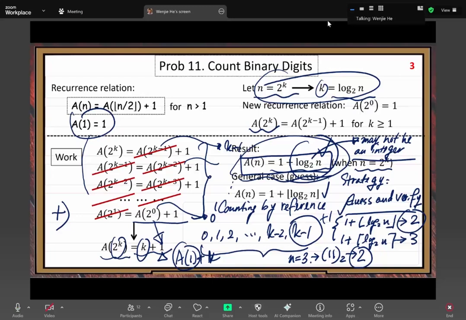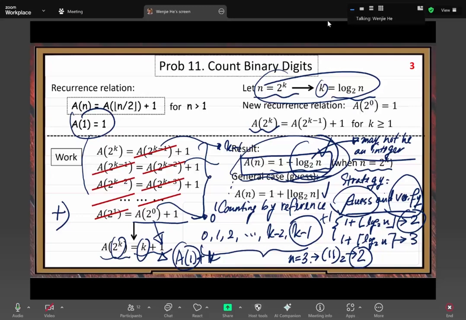Next, we need to move to the verify step. We just finished the guess. Next step, we need to do the verification step. And the verification, we should do it rigorously. Then we need to prove it.